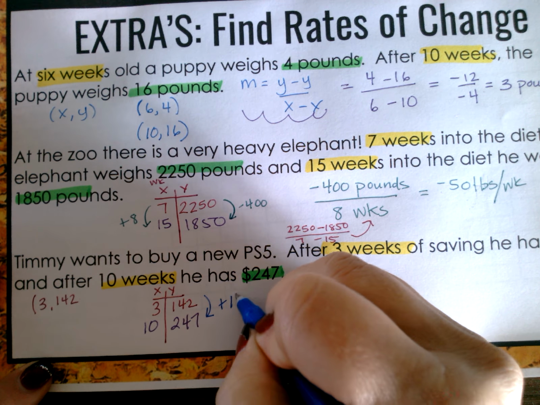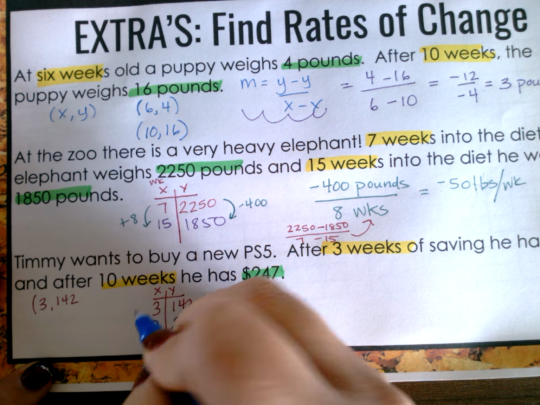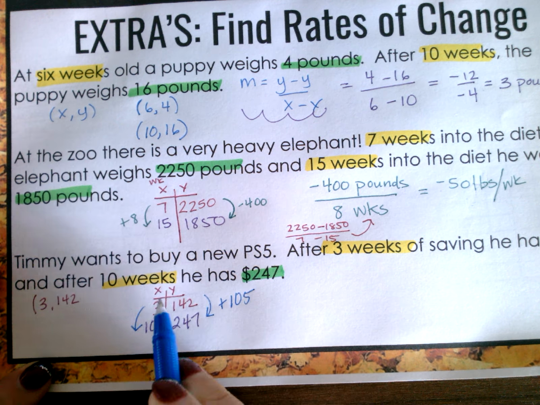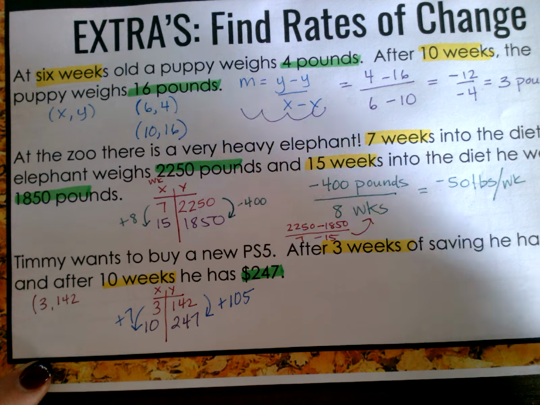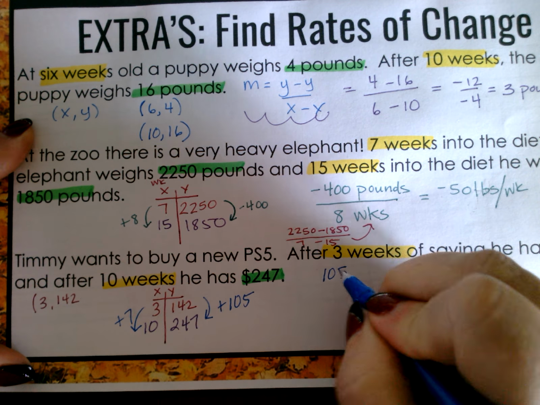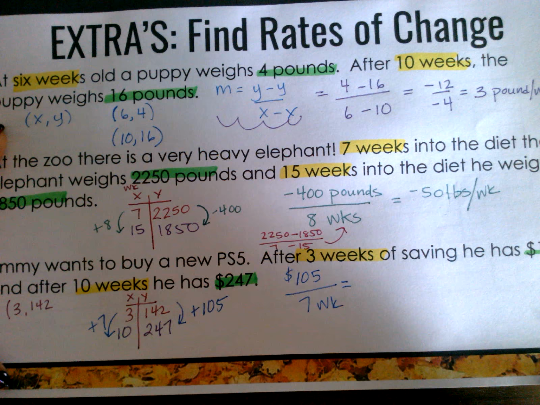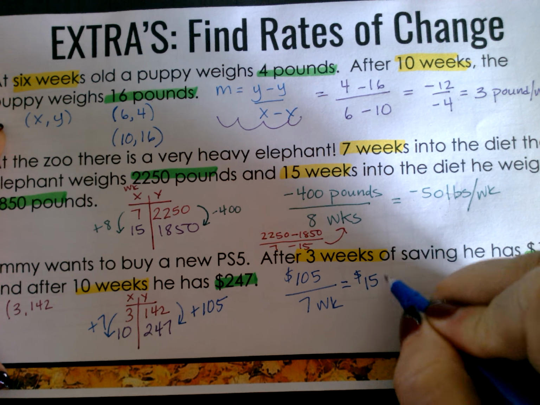From 142 to 247, that was an increase of $105. In the weeks category, that was an increase of 7 weeks. So I have $105 in 7 weeks.